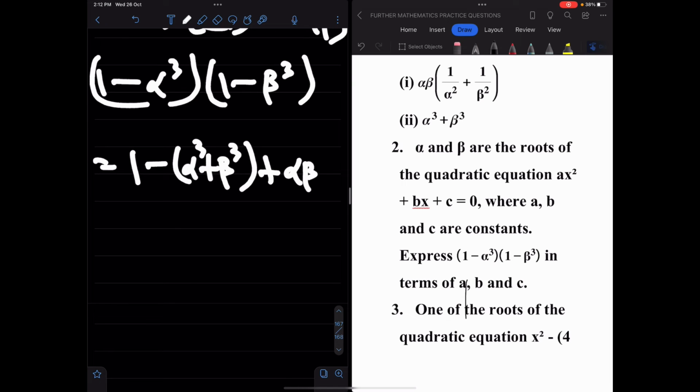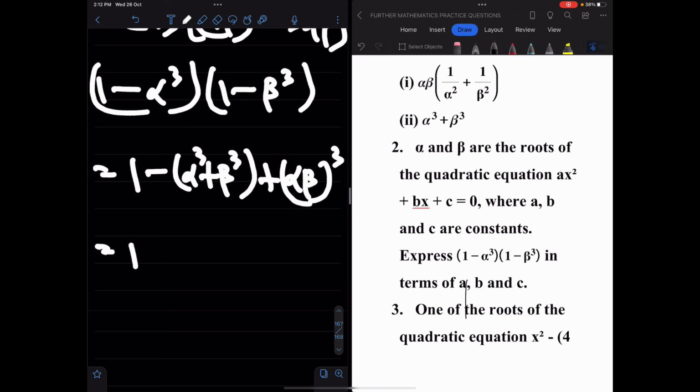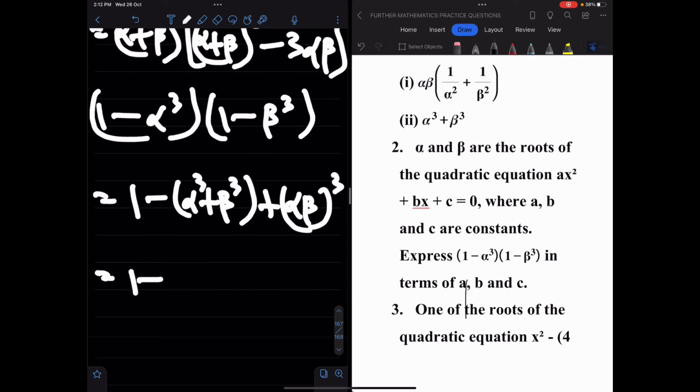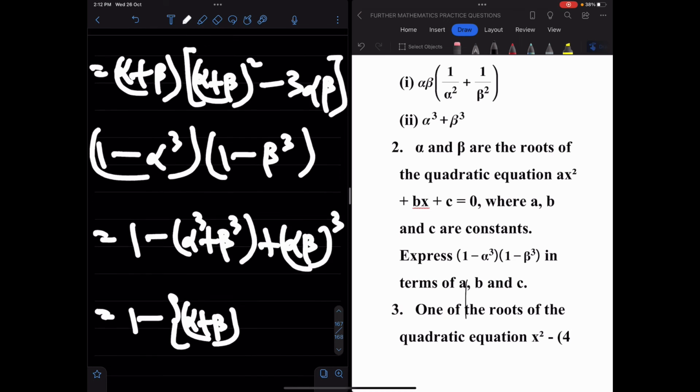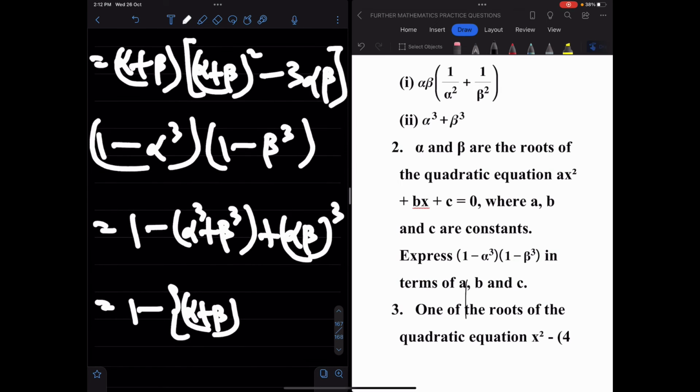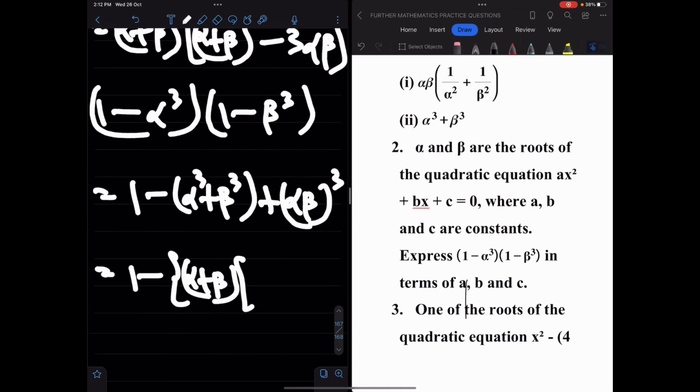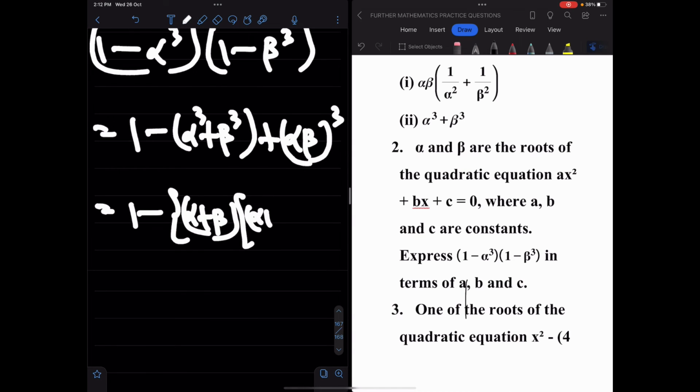That will now be equal to 1 minus, what is alpha cubed plus beta cubed? Let me use this kind of bracket, alpha plus beta. That's going to look a little clumsy, but it doesn't make it difficult. Into bracket alpha plus beta all squared minus 3 alpha beta.